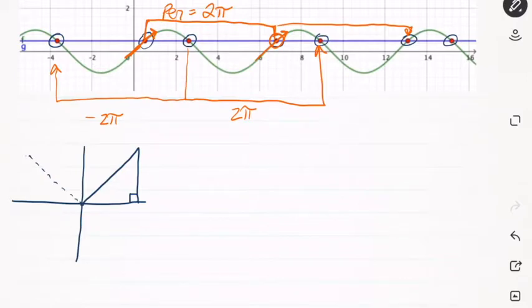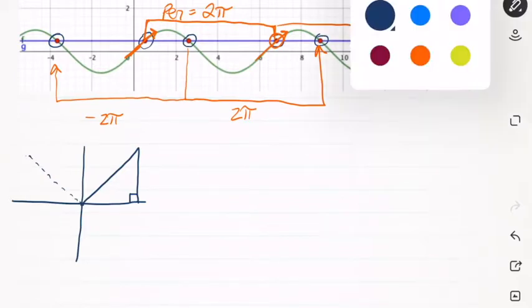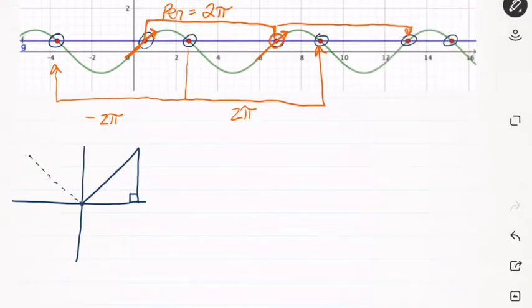If sine of x is equal to 1/2, then the sine of x is opposite over hypotenuse as a ratio. So if this is my answer, the angle x, then opposite is going to be 1, hypotenuse is going to be 2. The third side, if we really need it, is square root of 3. It's a special triangle.